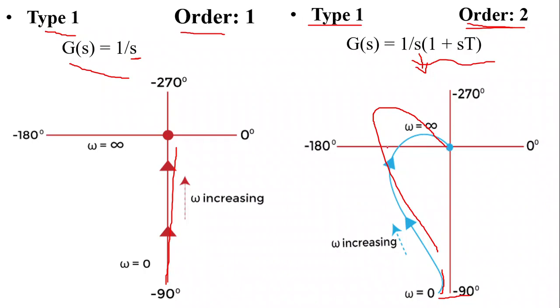That means the corresponding phase angle is minus 180 degrees. So for the type 1 and order 2 system, the polar plot starts at minus 90 degrees and ends at minus 180 degrees. So it is the indication of our type 1 system, and here we have order 1, order 2. This is our polar plot of the type 1 and order 2 system.